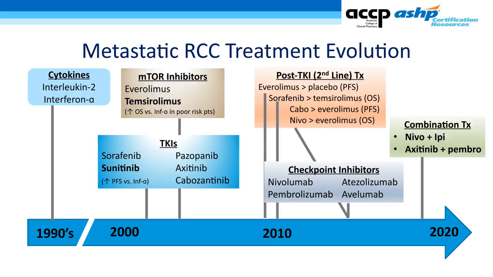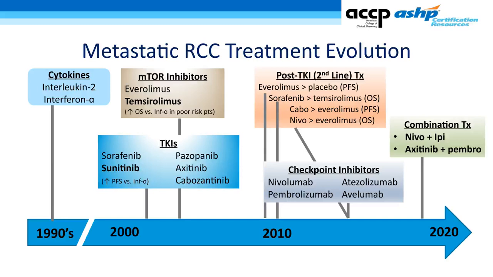Then in the early to mid-2000s, around 2005, we had sunitinib and sorafenib approved. Sunitinib was approved based on improved progression-free survival compared to the old standard of care, interferon alpha. Then we received approvals for mTOR inhibitors, everolimus and temsirolimus, which has some overall survival data in poor-risk patients based on the old MSKCC criteria compared to interferon.